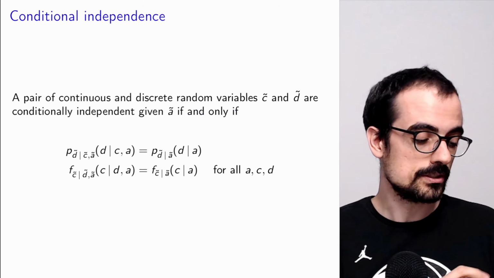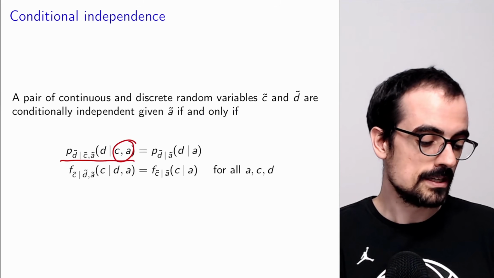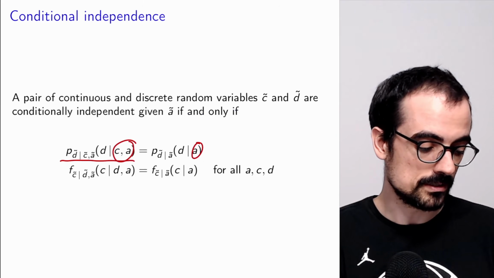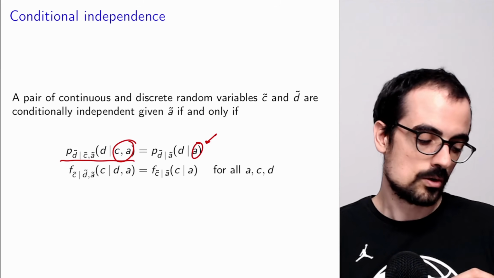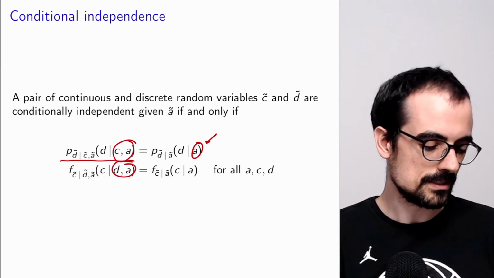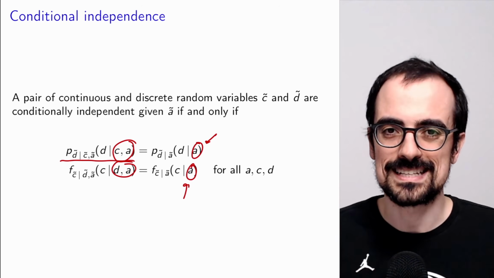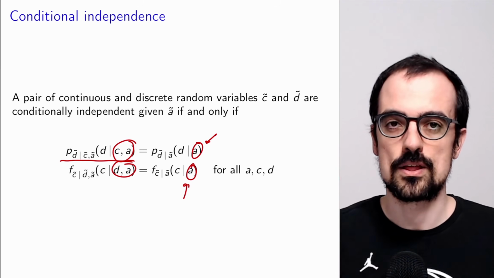How is this captured? It's captured in that the conditional PMF given both random variables is equal to the conditional PMF given just that random variable. Or equivalently, the conditional PDF given the other two random variables is equal to the conditional PDF given just that random variable. So it's exactly the same idea as independence, except that we're conditioning on this third random variable.